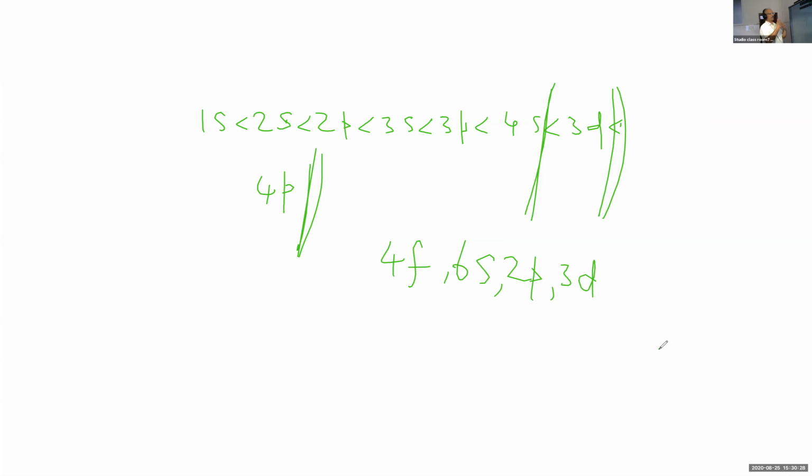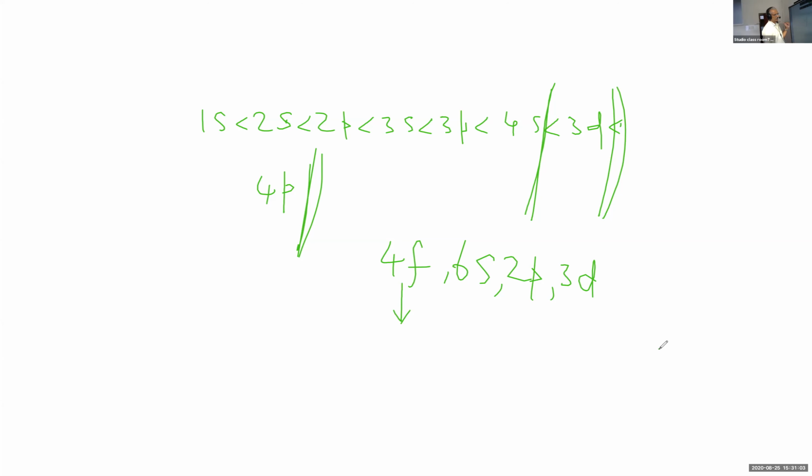How can you find out the energy of the orbital? You find out the n plus l value. For 4f, what is the n plus l value? n is equal to 4, and l for f is 3. S, P, D, F is 0, 1, 2, 3. Why do you so easily forget?